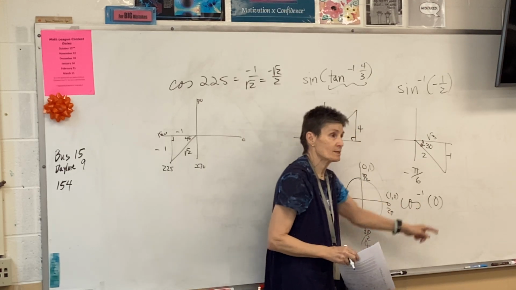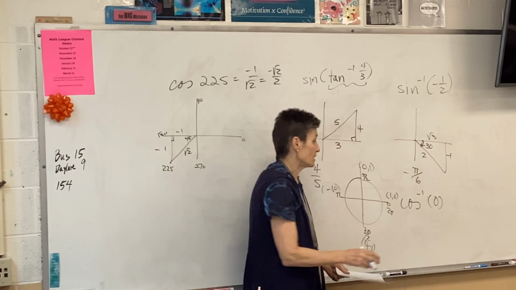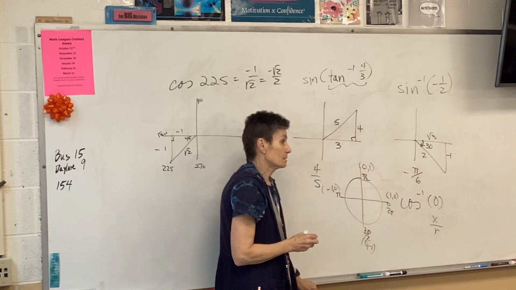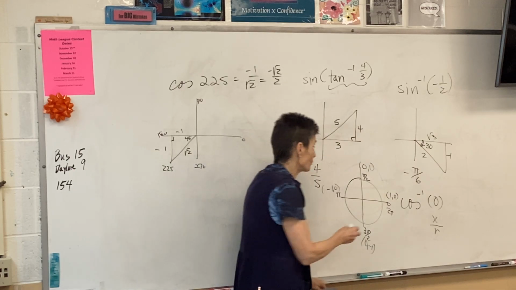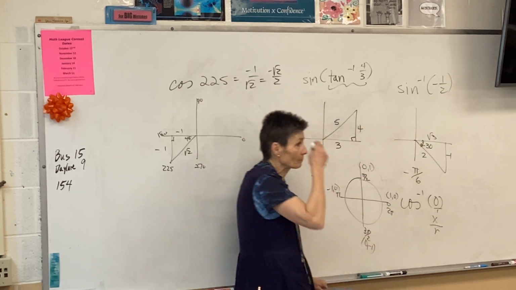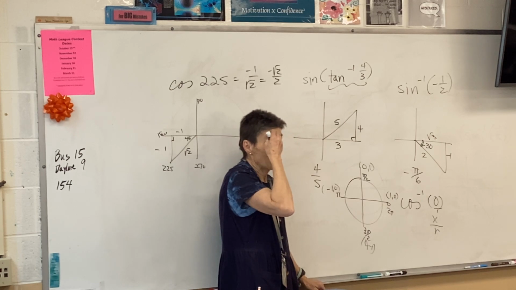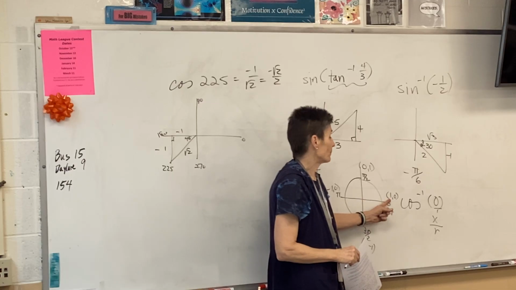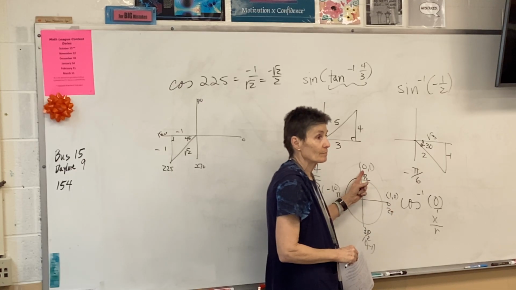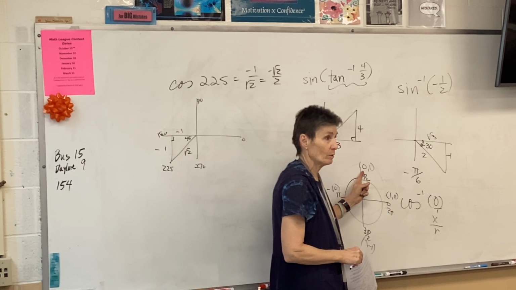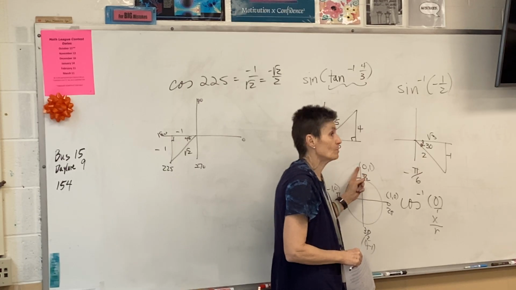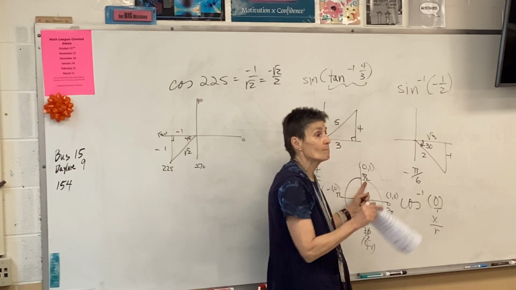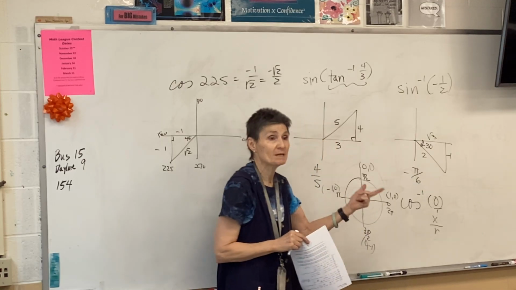I need cosine, which is x over r, to be 0. So don't I need 0 over 1? Yes. So where is x 0? Is x 0 here? No. Nope. Is x 0 here? Yes. First place you get to, go in order. First place you get to is the winner. So what is the answer to this? One answer, and the answer is pi over 2 radians. That would be 90 degrees.